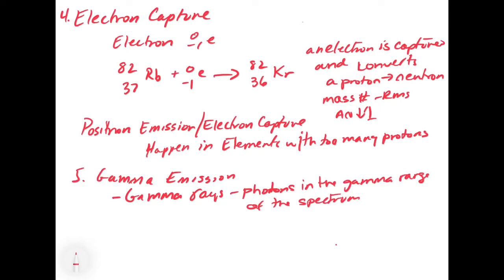So they represent energy, but the energy in this case is going to be equal to h nu. So they're going to have a frequency, they're going to have a wavelength, and the energy is going to be proportional to the frequency of what's emitted.